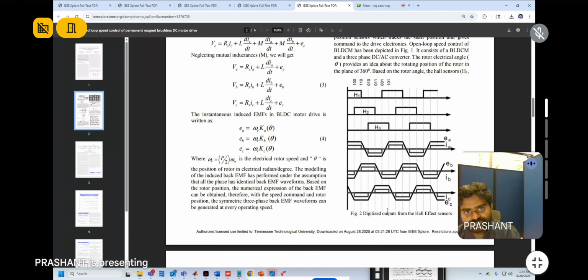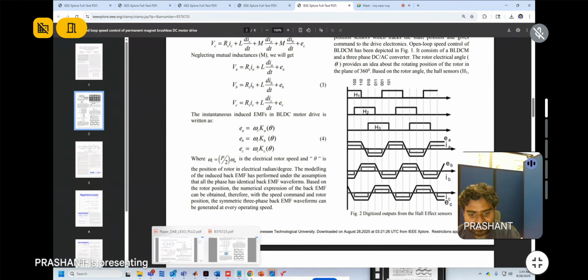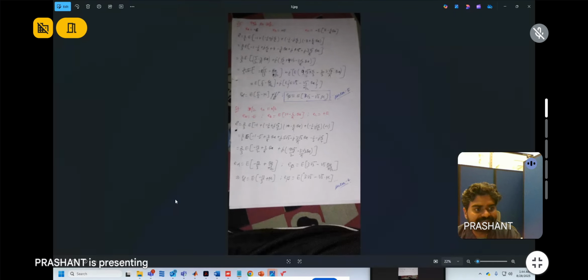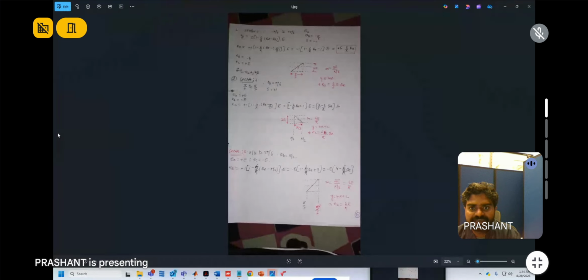We will take one reference value to obtain those equations. So it can be plotted and derived like this, transiting from a plus E to a minus value.